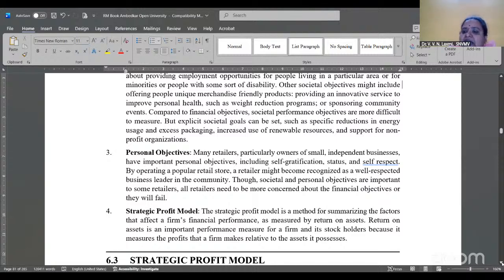Even the national chains or the organized retailers have these personal objectives, because retailing is one of the basic necessities, and next to agriculture, it provides the maximum employment.